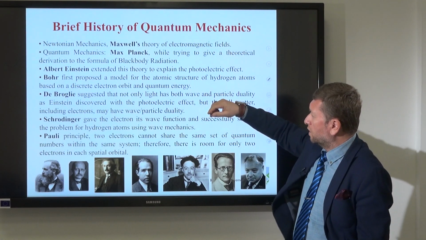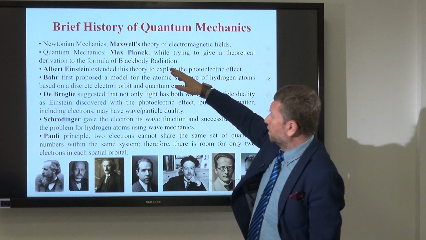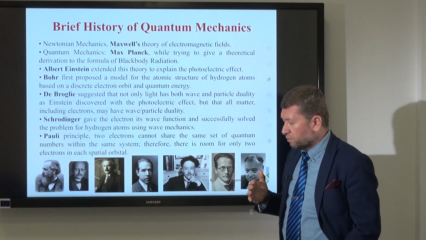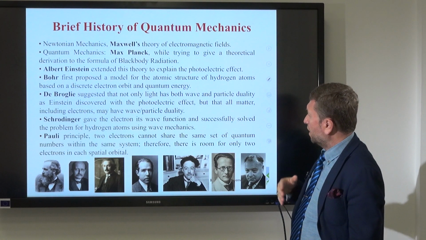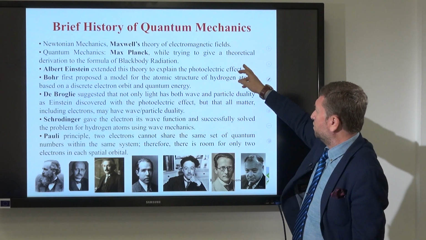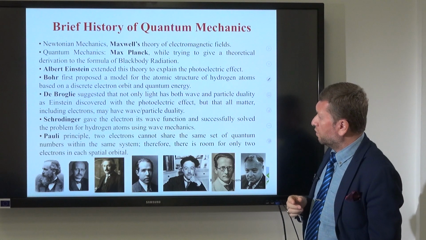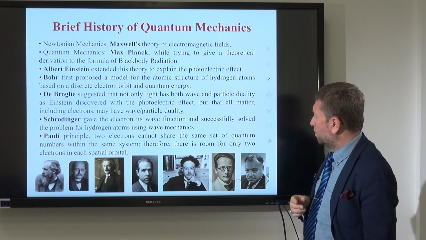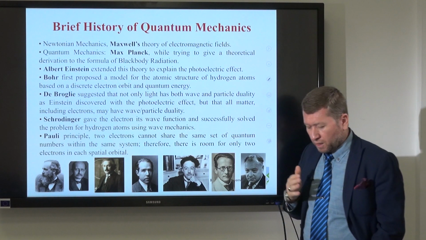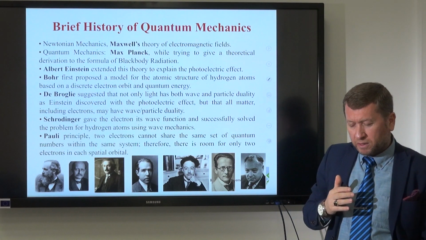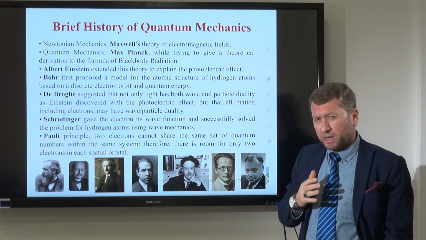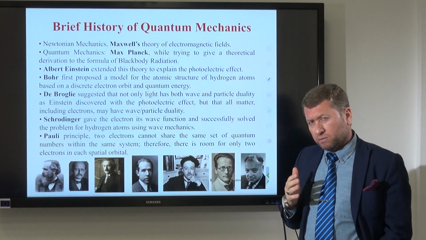And the second one is quantum mechanics. Quantum mechanics, first of all, is based on Max Planck's blackbody radiation, while trying to give a theoretical derivation to the formula of blackbody radiation. Based on the Max Planck theory, it tried to explain the energy levels of the materials.